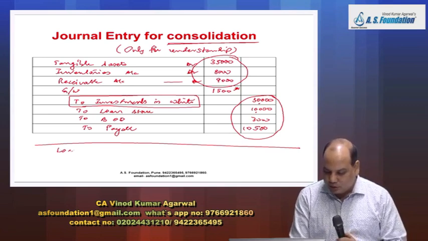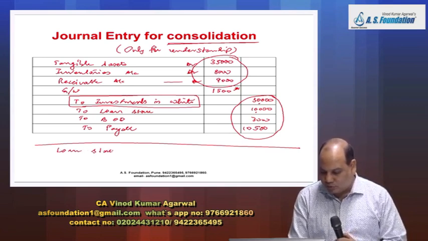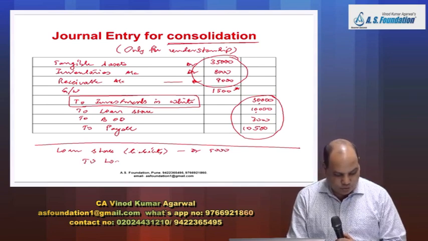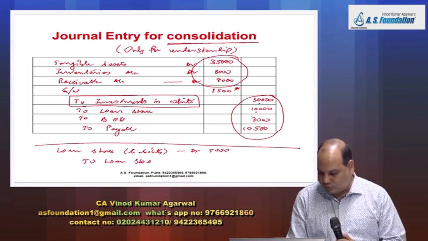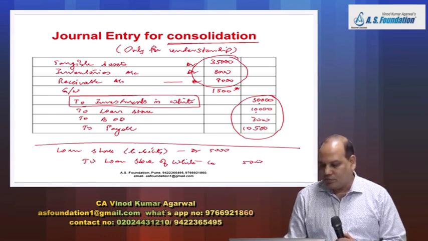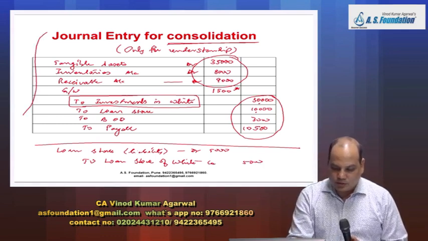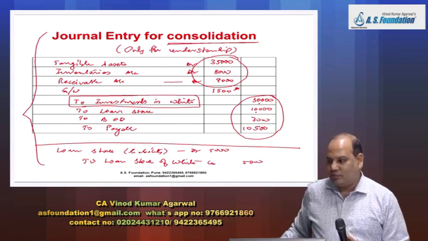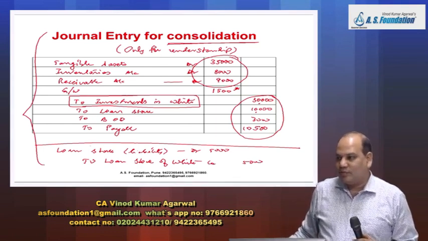So one more entry we will write: loan stock liability debit 5,000, to loan stock of White company, 5,000. In the exam this is not required unless specifically asked, which they will not ask.